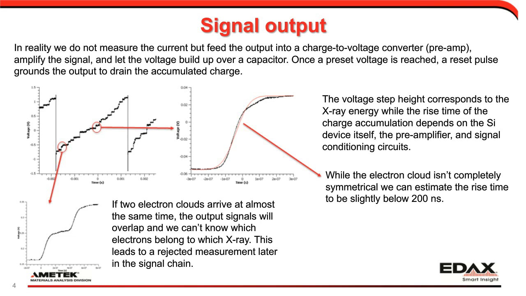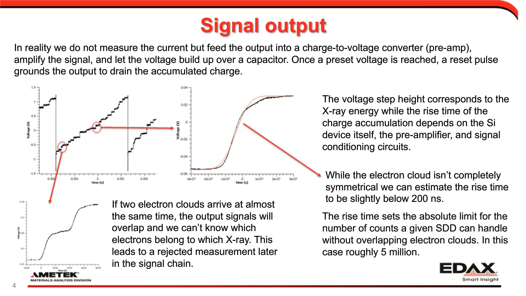But if we do the Gaussian fit, we see the rise time in this case is somewhere below 200 nanoseconds. There's a bit of difference between how we define the rise time, whether it's a full width half maximum or a 10-90 approach to the signal. But typically you'll see rise times somewhere between 100 to 200 nanoseconds.